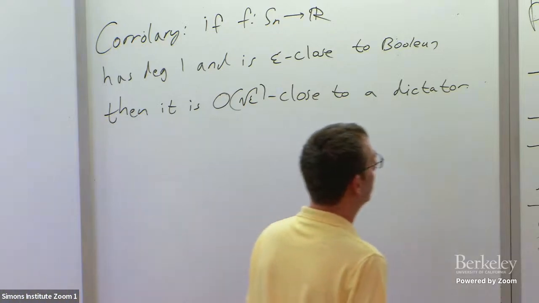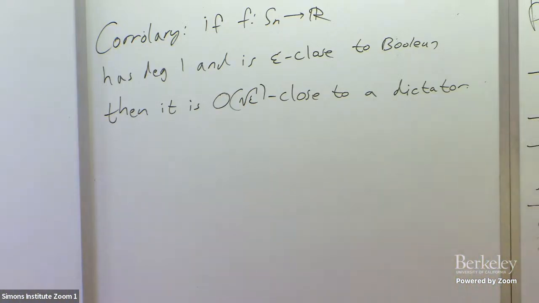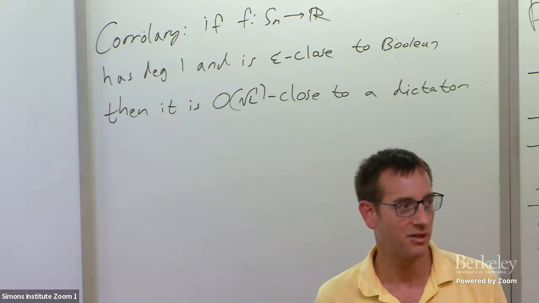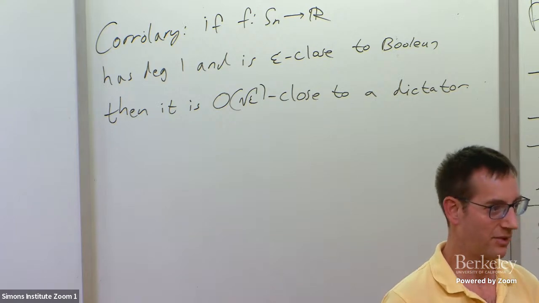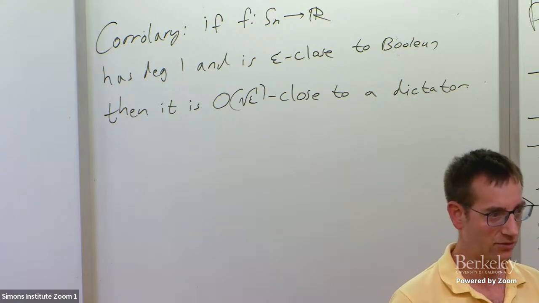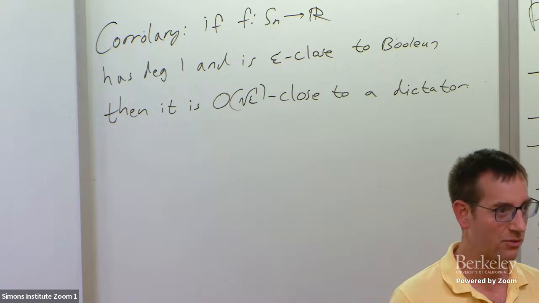But you can also, if you care about this, look at the structure up to an error of order epsilon. There's some historical background. Ten years ago, I can't remember, we had some papers with David Ellis and Ehud Friedgut about this question, and we got some partial results.